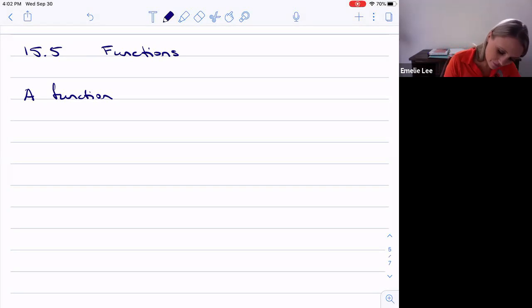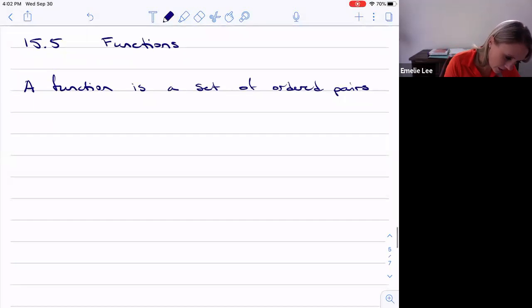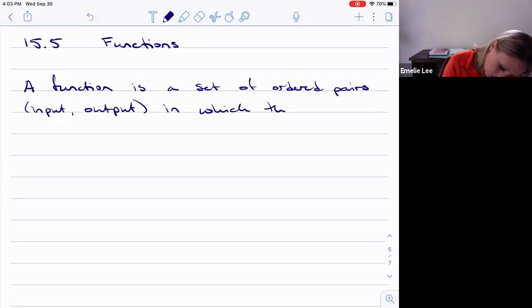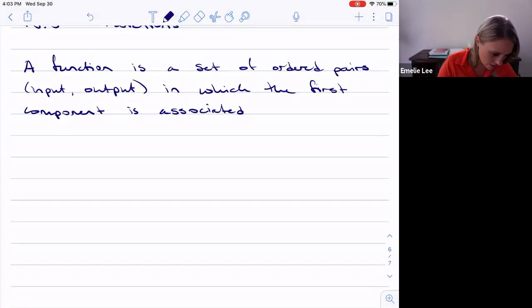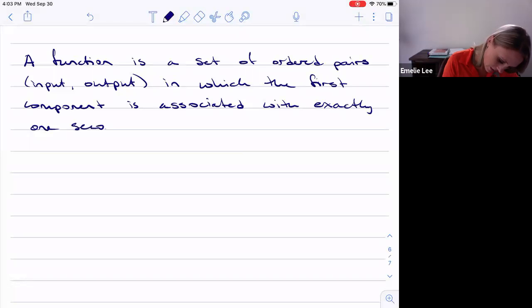A function is a set of ordered pairs, input, output, in which the first component is associated with exactly one second component.